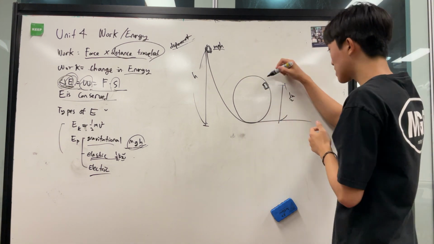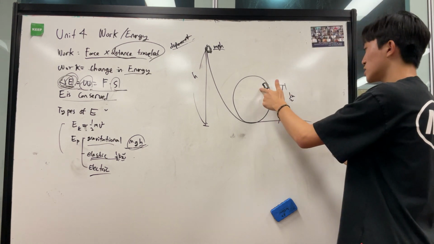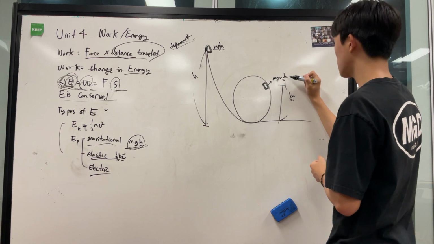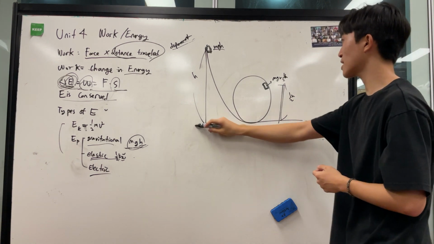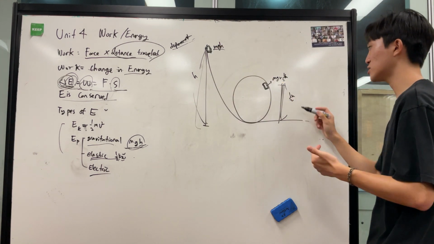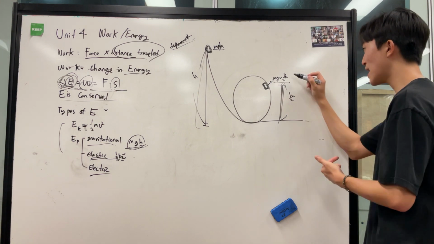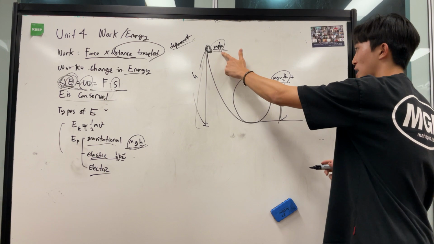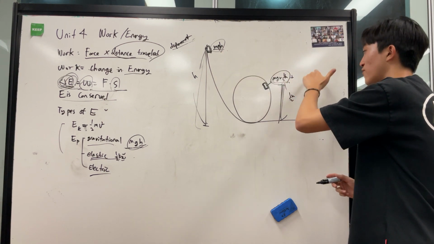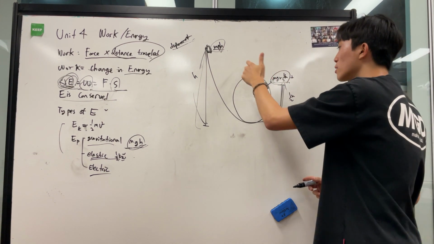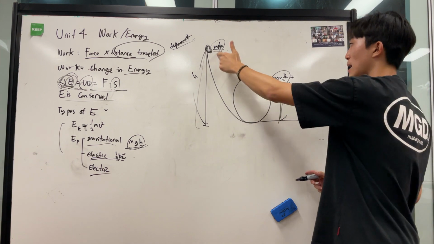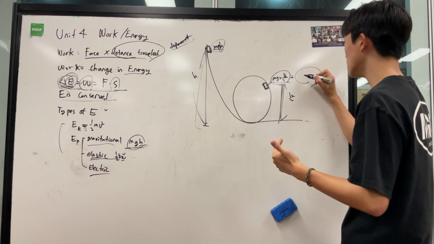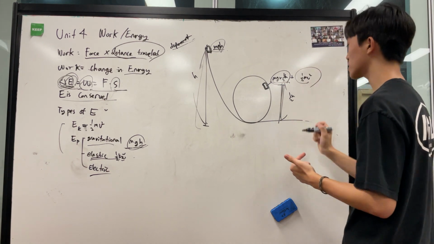Which means at this point, the gravitational potential would be mg 1/2 h, because this time you're not at the height of h, but you're at the height of 1/2 h. And since this is lower than the initial potential energy you have, you would need a different source of energy that would make the total energy conserved and equal to mgh. And that other source of energy, in this case, would be kinetic energy, 1/2 mv squared. Why?